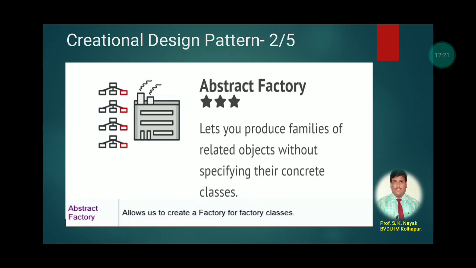So the birds factory can be under the land factory, and similarly those having 4 legs, or the wild animals factory, can be under the land factory. This way n number of factories can be combined in a particular factory. That we call here an abstract factory.